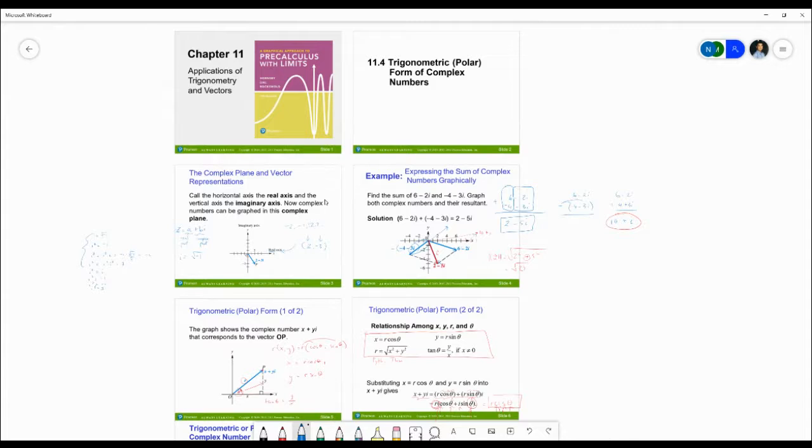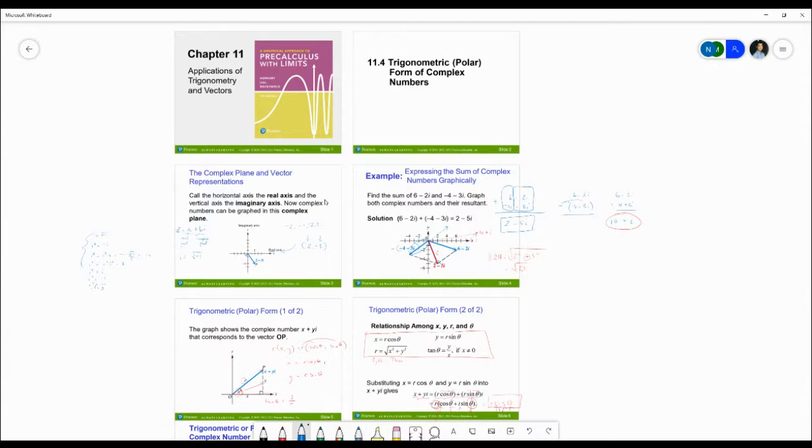So what we just learned, I think in 11.3, I would suggest you review that because that's probably the hardest section, because that deals with the airplane problems, the ground speed and the airspeed, how to sketch the correct graph so that you know where the drift angle is going. I think that will be the most difficult.